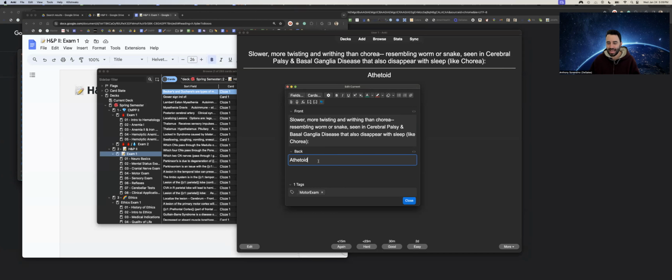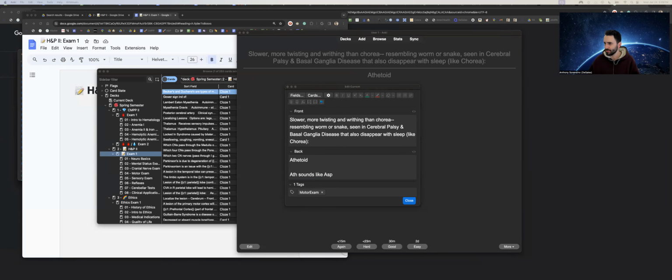Ath kind of sounds like an asp, which is a snake. An asp is a snake, right? Yeah, absolutely. It's a snake in the Nile region.